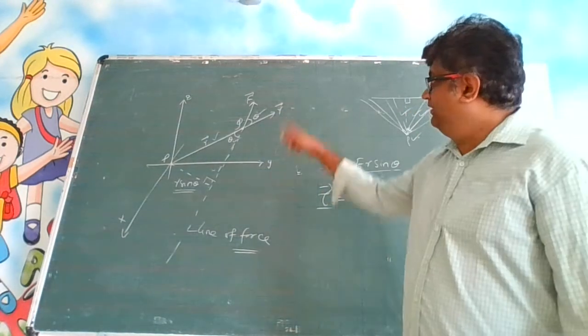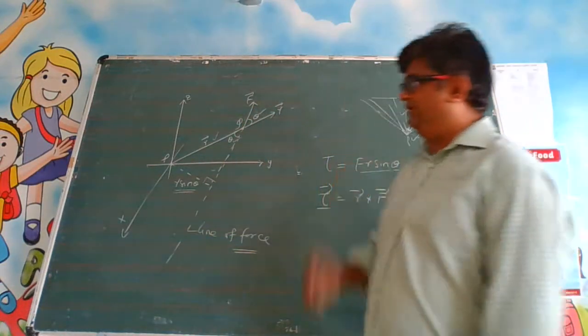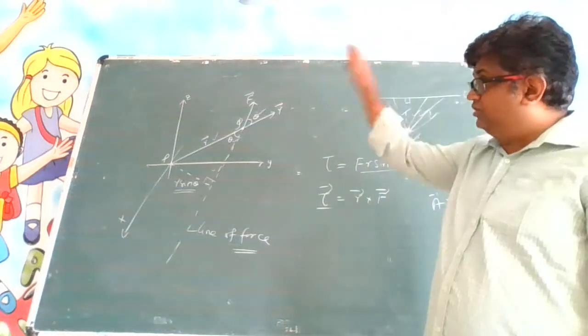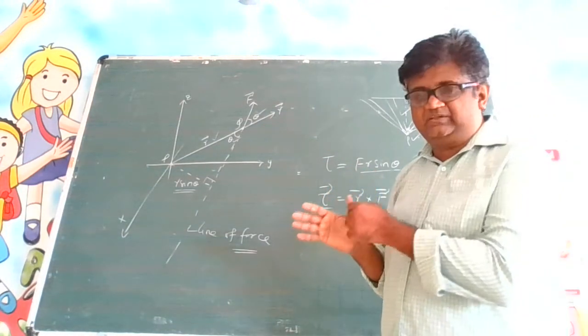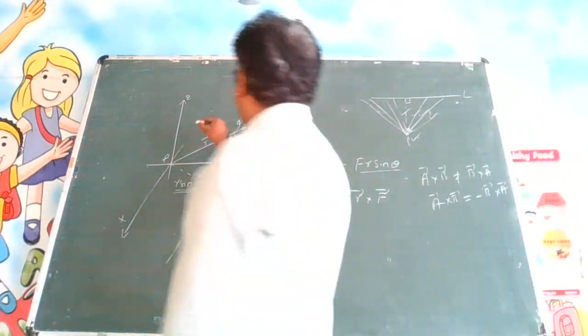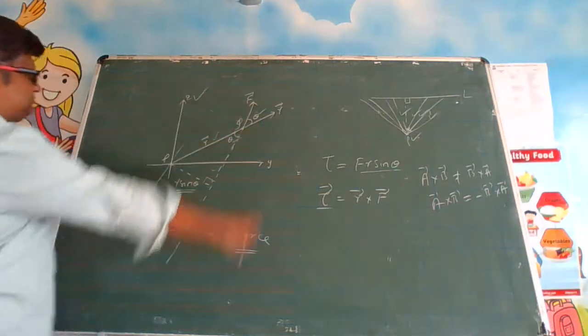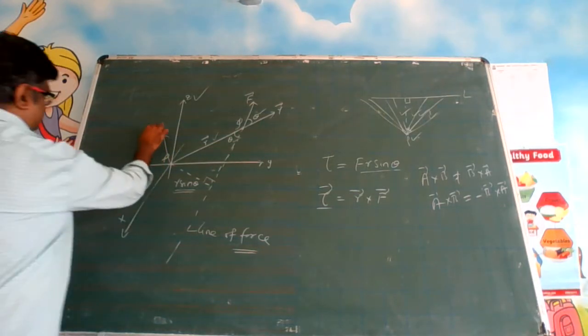F vector and R vector are in which plane? The XY plane. So this torque vector, the new vector, will be pointed towards the thumb, perpendicular to the XY plane. That means this torque will be along Z. In fact, it will be like this, the torque vector direction.